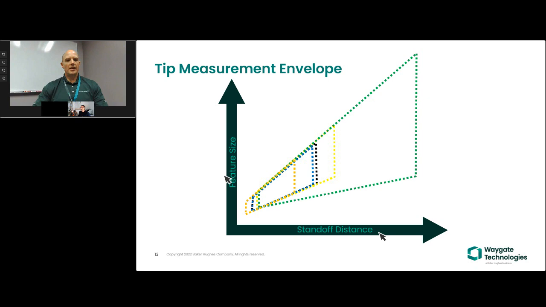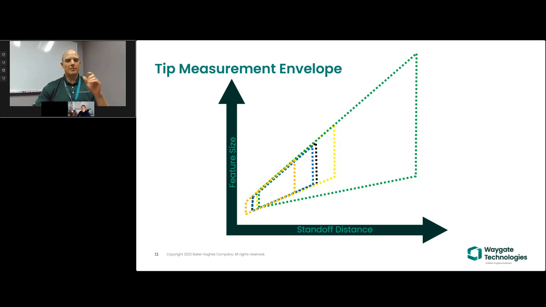If we come in toward the lower left region, where the feature size is very small and the standoff distance is also very small, you see that the orange forward view tip is going to do the best job of measuring those small features when you can get close. However, it's going to be the most limited on the far side in terms of its range capability.